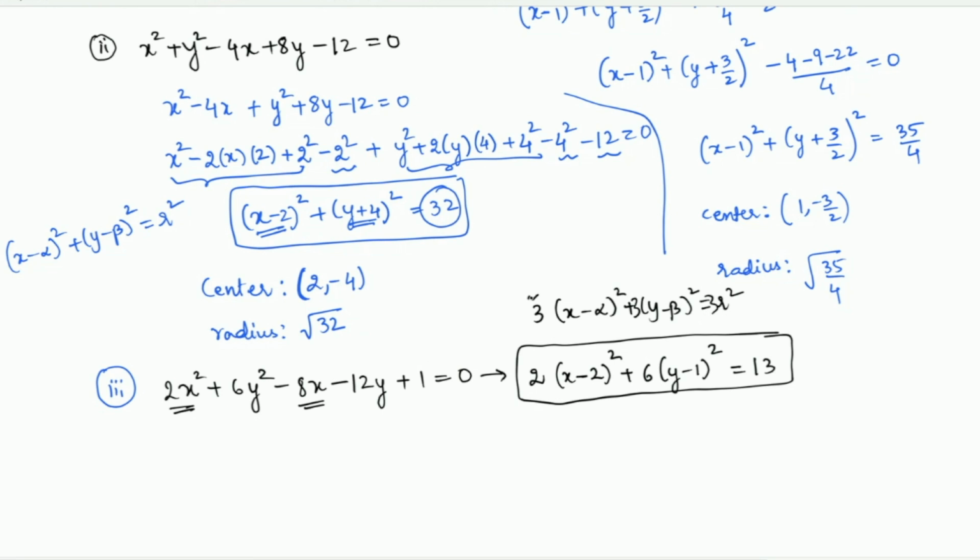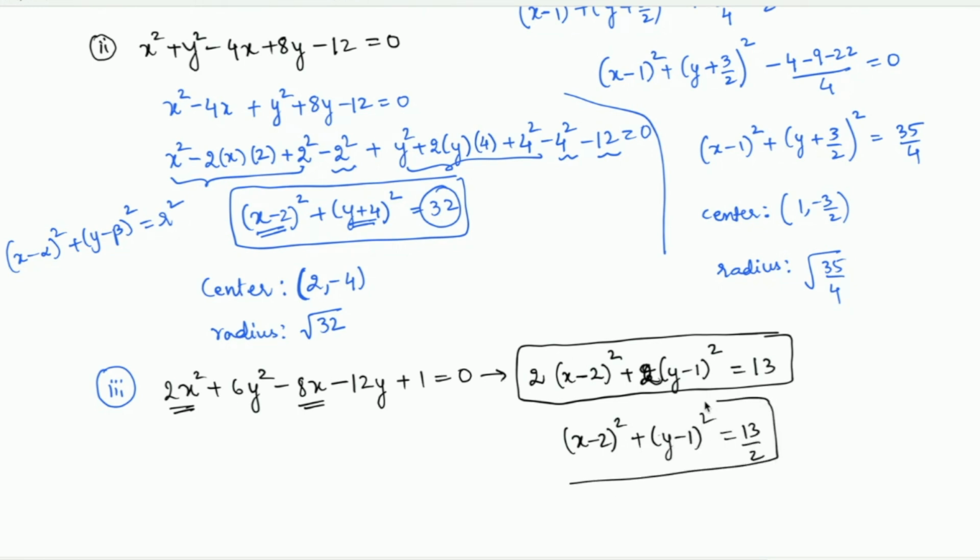If x square, y square coefficient is same, then I can divide, no? So if here 2 is there, then it is okay. I can divide with 2 on both sides, and I'll get something like this: x minus x coordinate of center square plus y minus y coordinate of center square is equal to radius square.